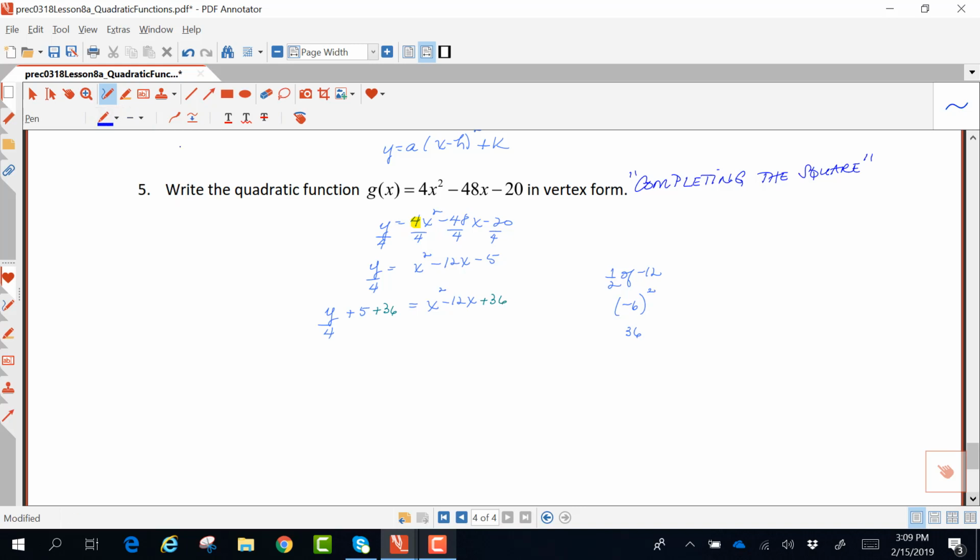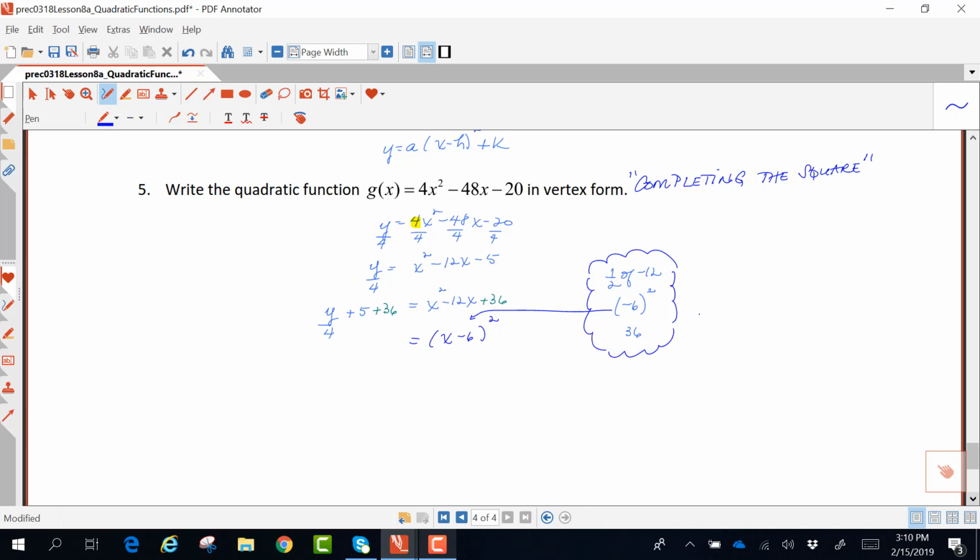The reason I do this is now the right side becomes a perfect square, x minus 6 perfectly squared, getting the -6 from my parentheses while I was performing this unusual operation, which I'm drawing a cloud around.